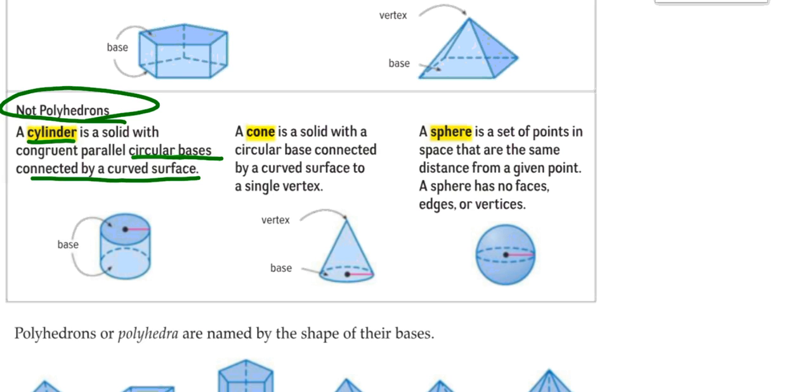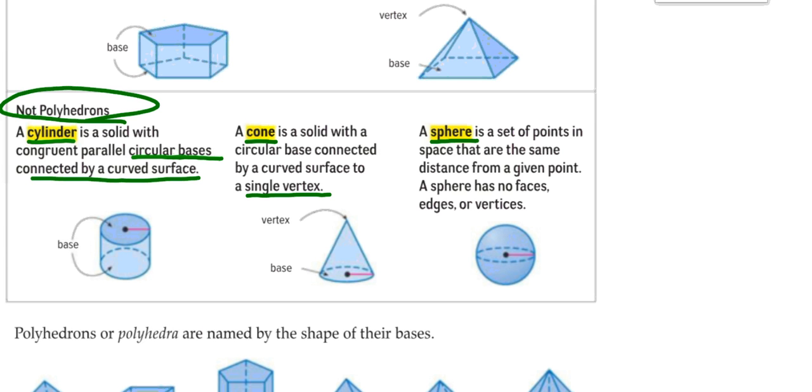A cone is a solid with a circular base connected by a curved surface to a single vertex. Just a reminder, we want to be highlighting or underlining as we go through those handouts in class today.